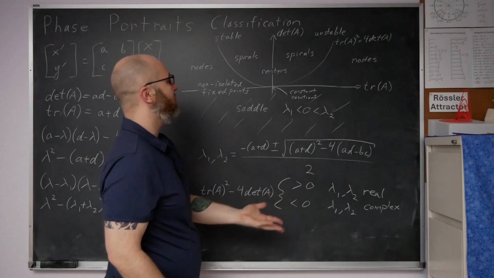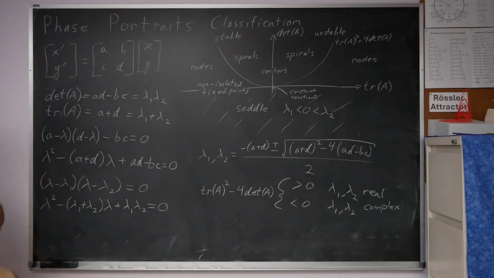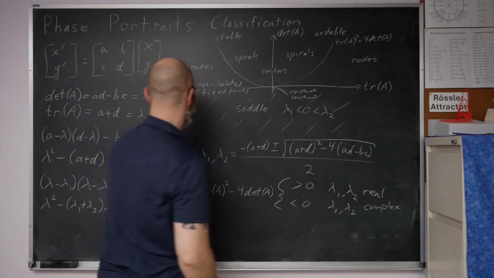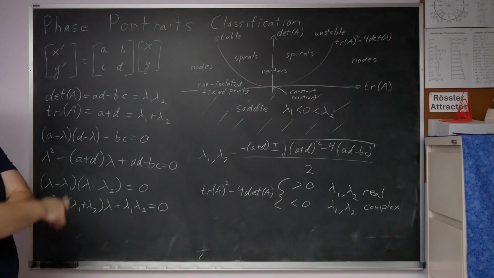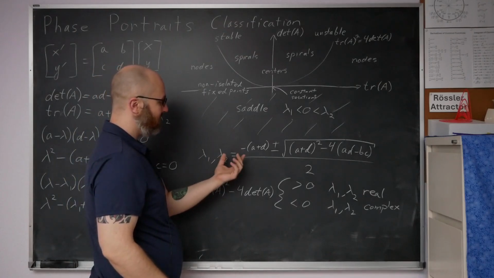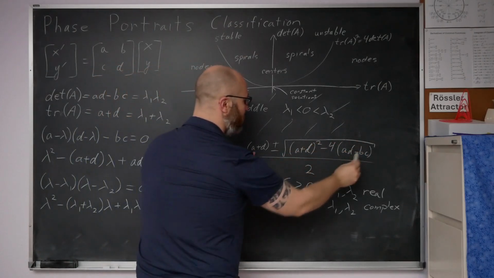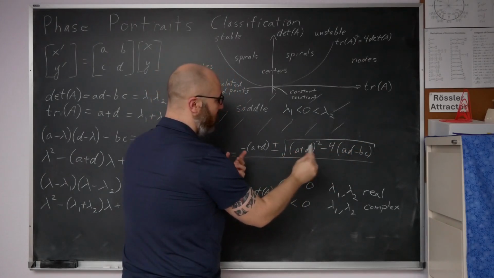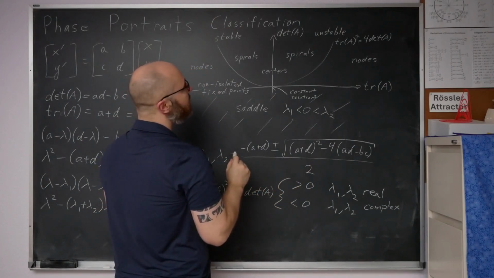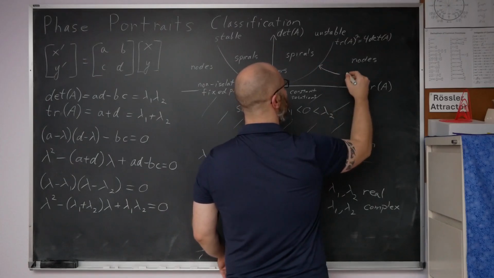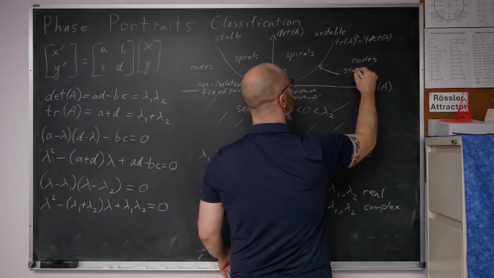What about stars and degenerate nodes? By process of elimination, we know they should occur on this parabola. For a star, we need lambda 1 to equal lambda 2, and we get that if the square root part, plus or minus, is 0. So we're going to have stars for sure here.